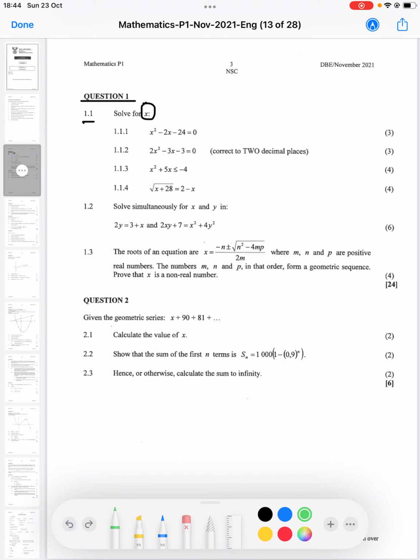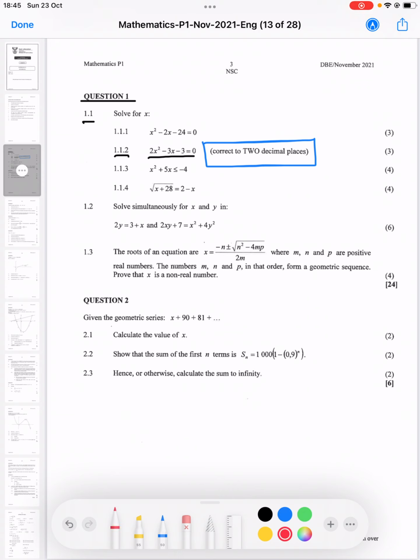So now let's quickly move on to the next question, being 1.1.2. You are given something which looks almost the same as that, but here they've given you a statement to say correct to 2 decimal places, meaning you are going to use the quadratic formula.